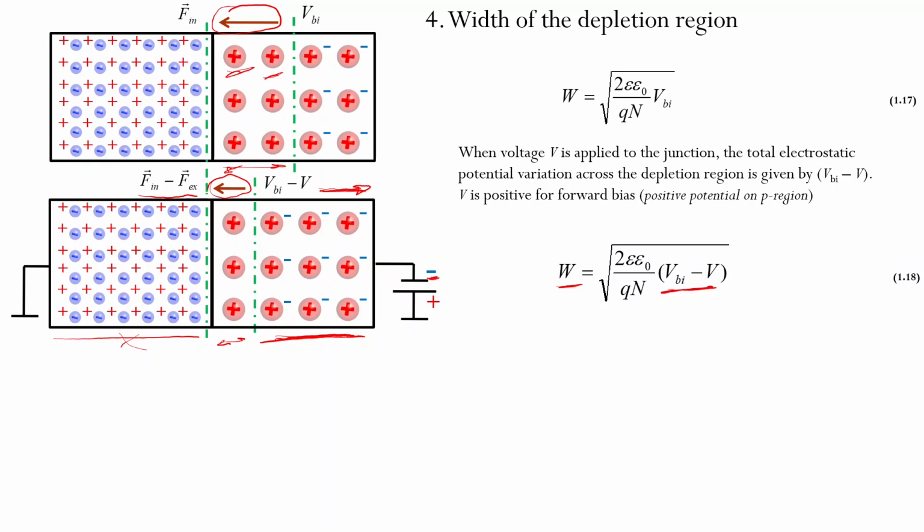And here we consider in this equation, this V applied bias, that all bias is dropped over the p-n junction, over the depletion region.